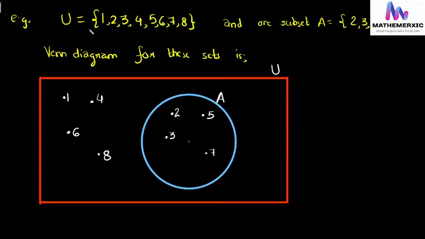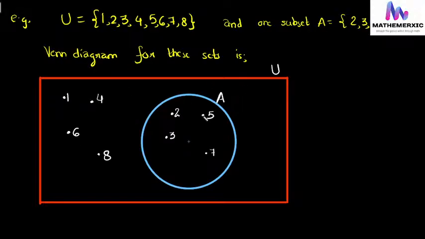So this is the representation here. We have U here, that is 1, 2, 3, 4, 5, 6, 7, 8, and A has 4 elements. So the 4 elements are shown inside the circle representing the elements belonging to A, and now U should have everything.